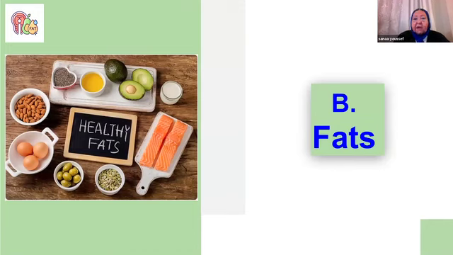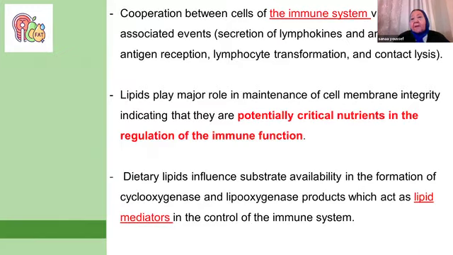The second category of macronutrients would be the fats. We know we have animal fats and we have fats of vegetable source. The cooperation between the cells of the immune system is usually through a combination of associated events such as the secretion of lymphokines and antibodies, antigen receptor, lymphocyte transformation, and contact lysis.